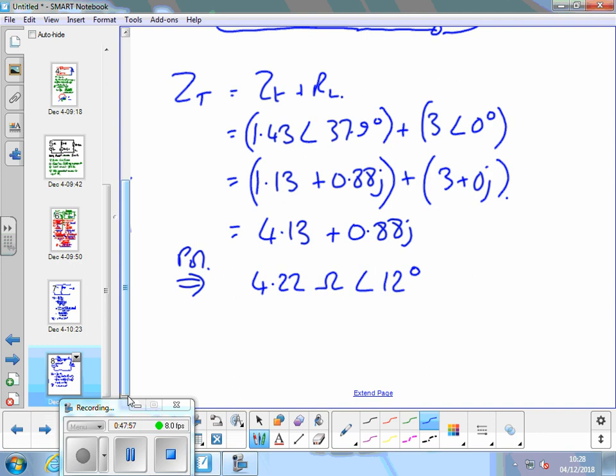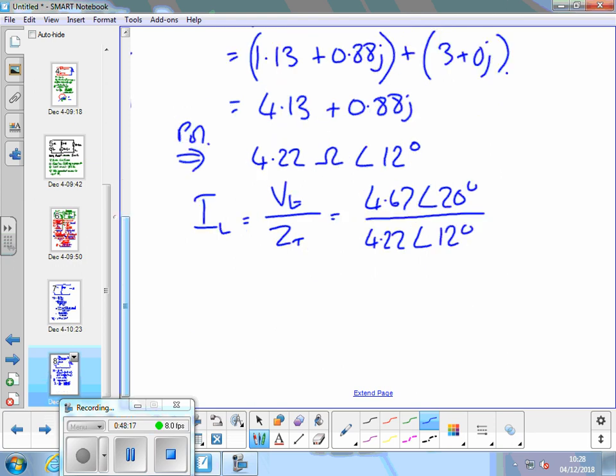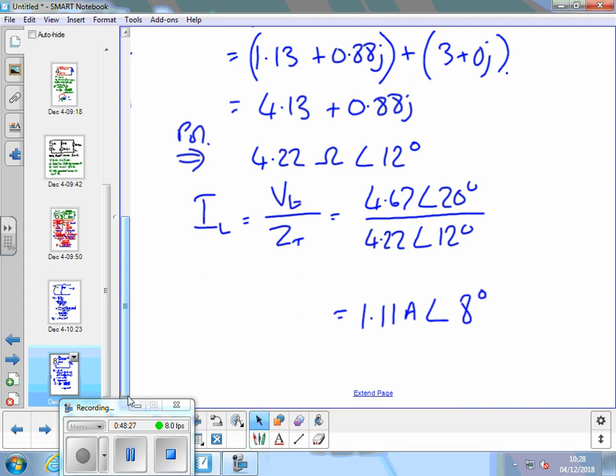And then IL is equal to V Thevenin's over the total impedance, 4.67 angle 20 degrees divided by 4.22 angle 12, gives me a current of 1.11 amps, angle 8 degrees.